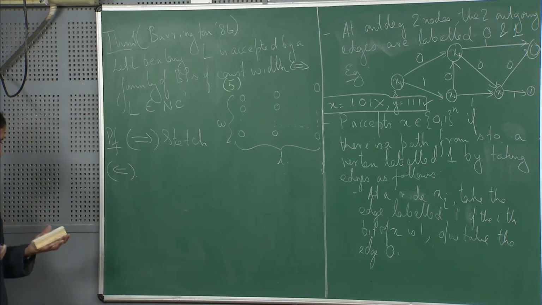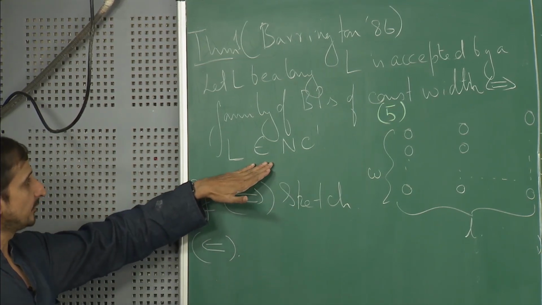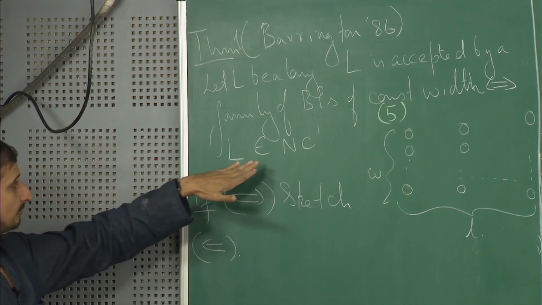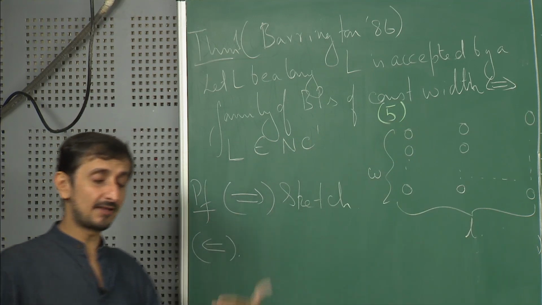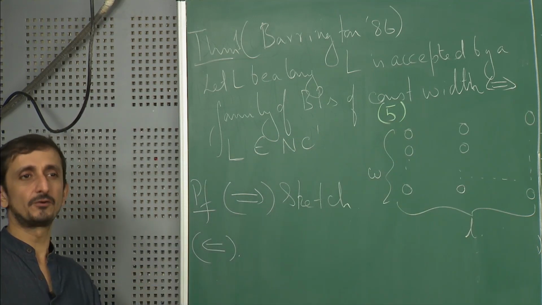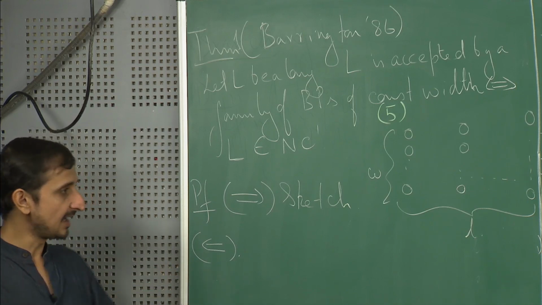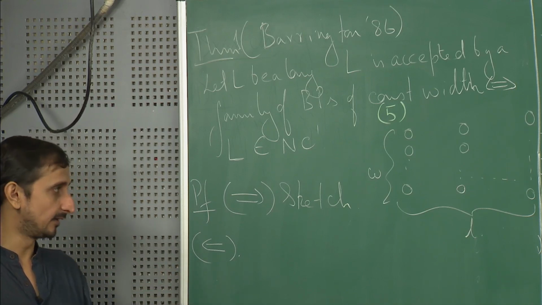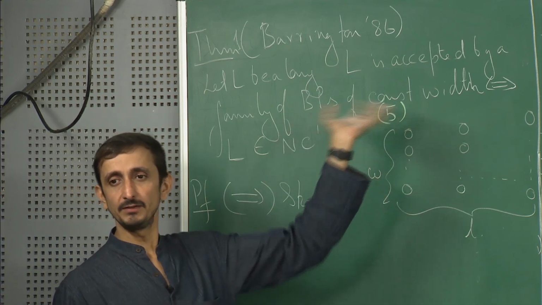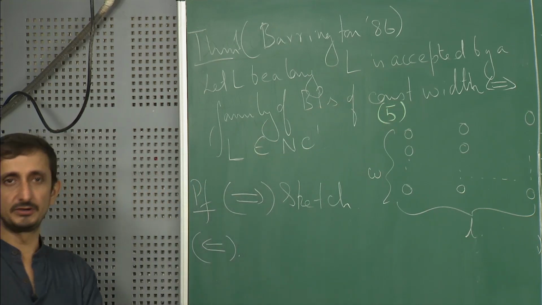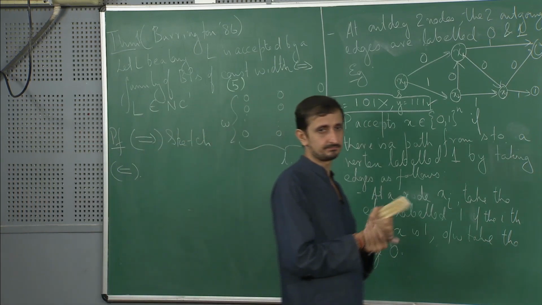And we will show an even stronger result, that for any language in NC1 there is a family of a very special type of branching program, namely permutation branching programs. Okay. So next I will define what a permutation branching program is, and then we will show how any language L can be accepted by a permutation branching program. Okay. Any questions at this point?